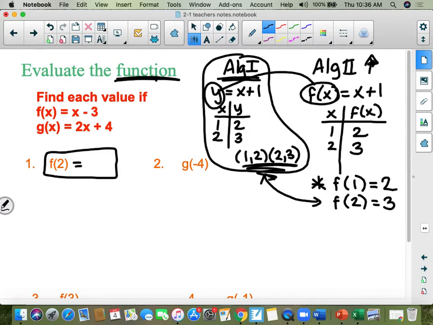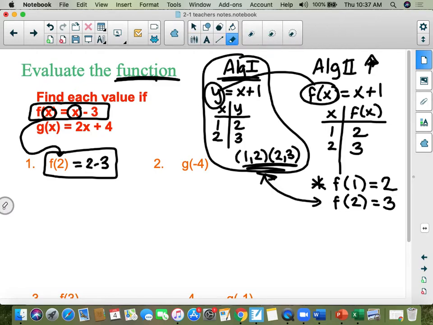So we're going to do f of 2. What does f of 2 equal? Well, we're going to look up here in the f and notice what happened. You replace the x with the number 2. That means over here you have to replace the x with the 2, which makes 2 minus 3, which is equal to a negative 1.